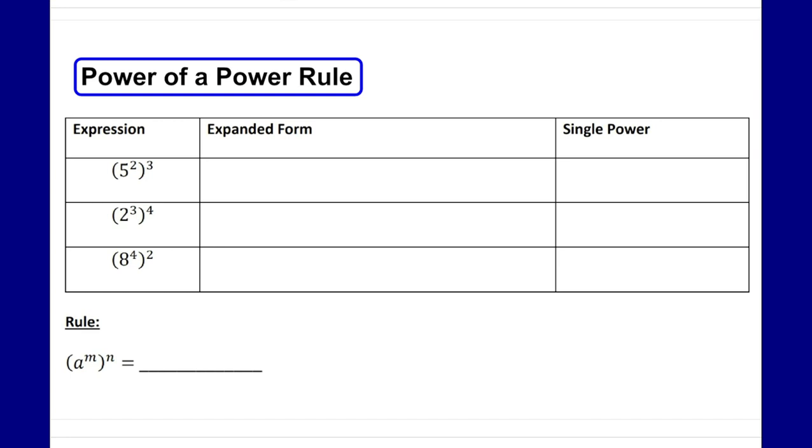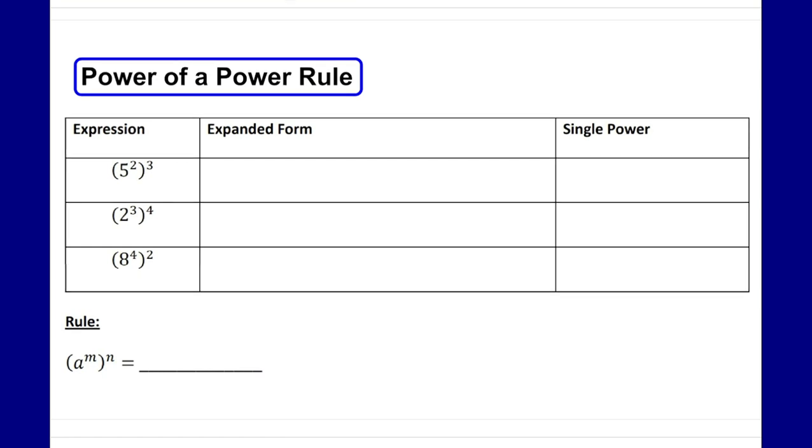So let's think about what that looks like expanded. I have two bases technically, the 5 and the 5 to the power of 2. I'm going to start with my largest power, which is the 5 to the power of 2 raised to the power of 3.